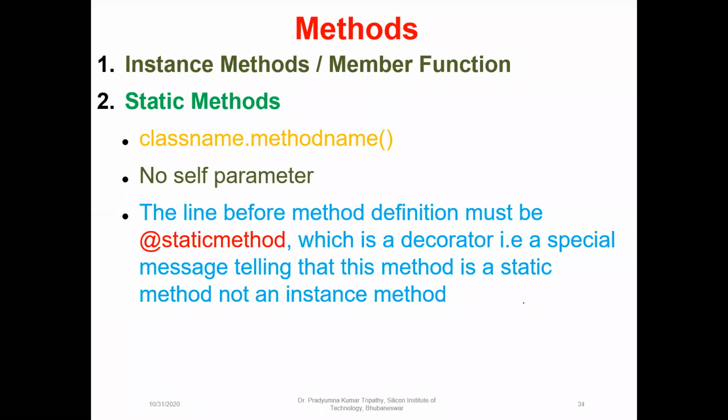As we have data attributes and class attributes, similarly we also have member functions, instance methods, and static methods. The static functions that you have read in C++, here also we call them static methods. Correct? So does anyone remember what a static member function is in C++?